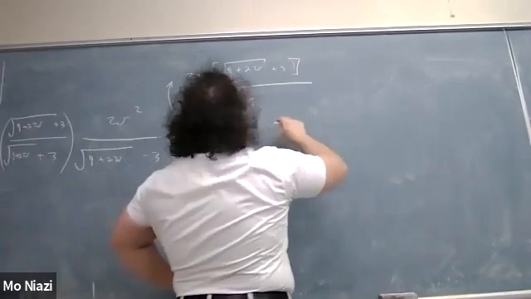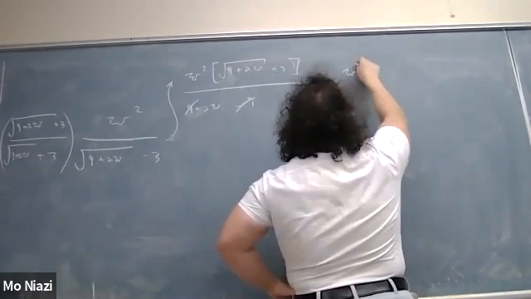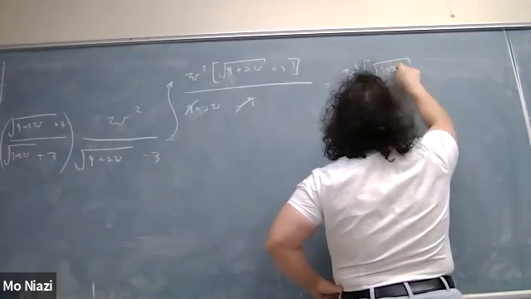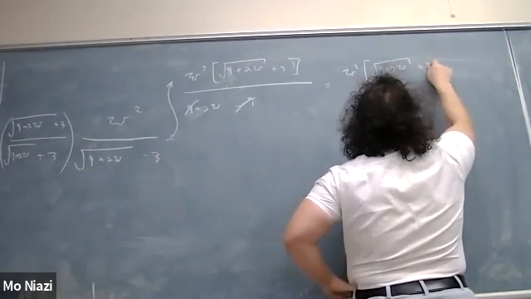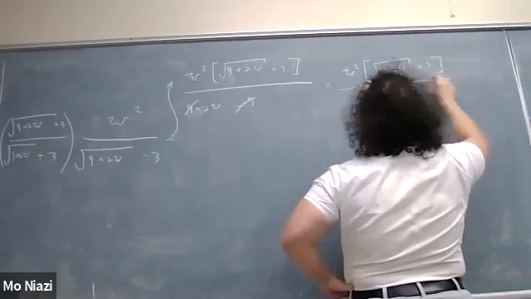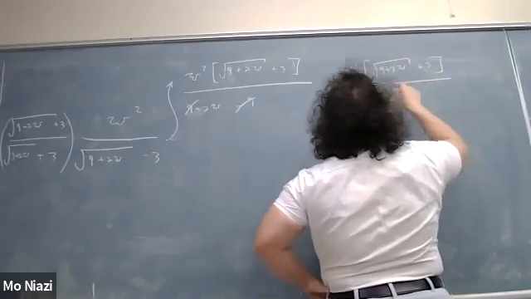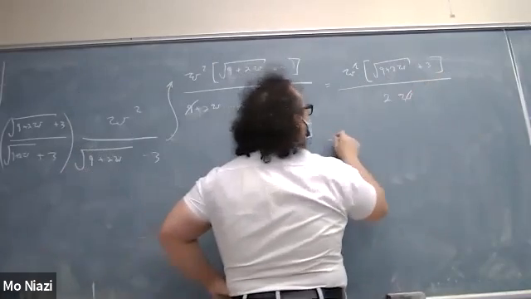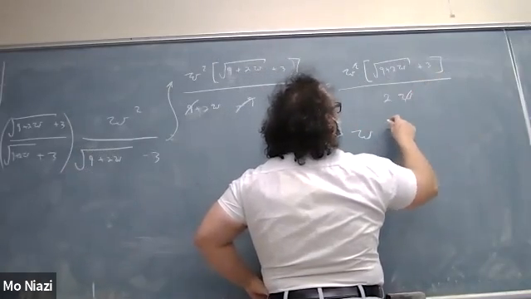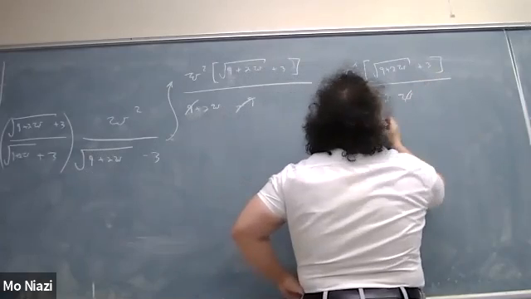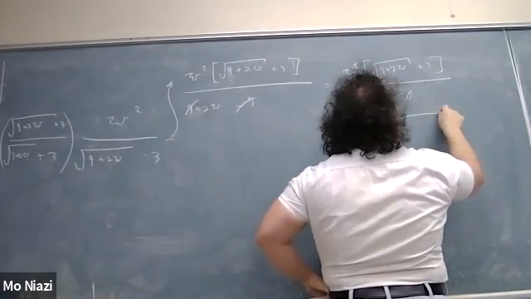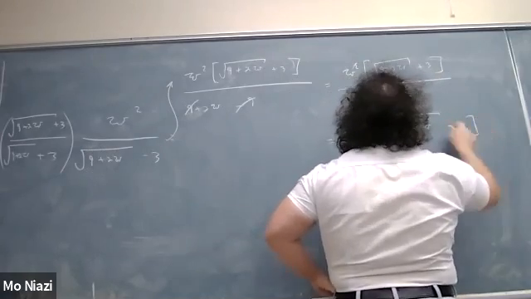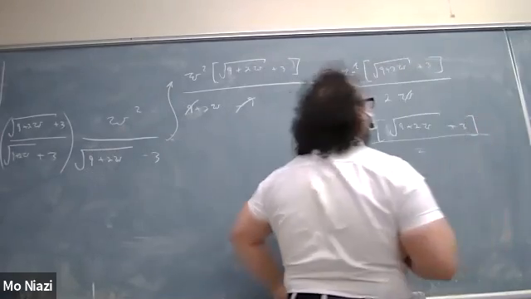Cancel, cancel. Now we have omega squared up here times the quantity square root of 9 plus 2 omega plus 3, all over 2 omega. Cancel, cancel. This equals omega times the square root of 9 plus 2 omega plus 3, all over 2.